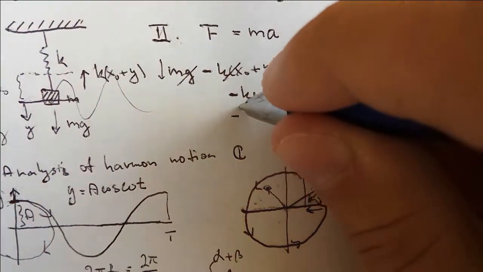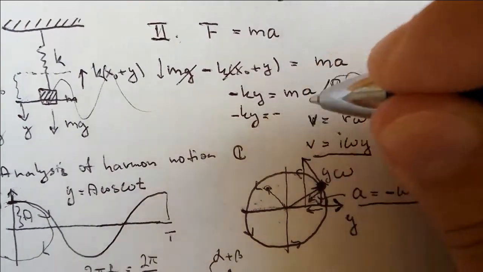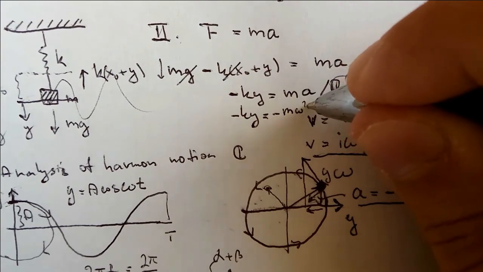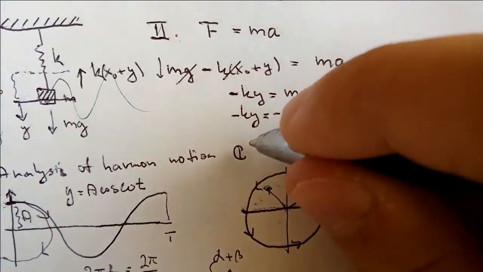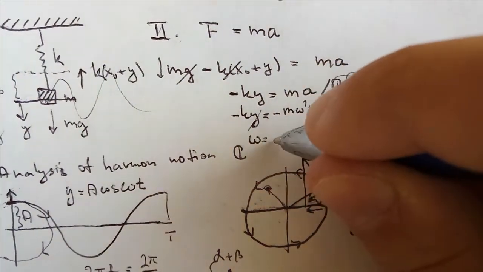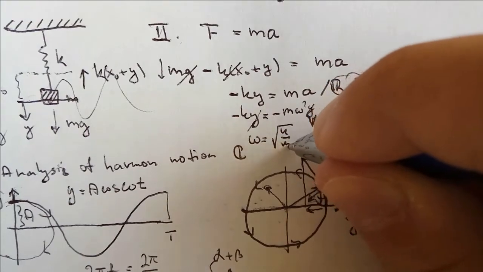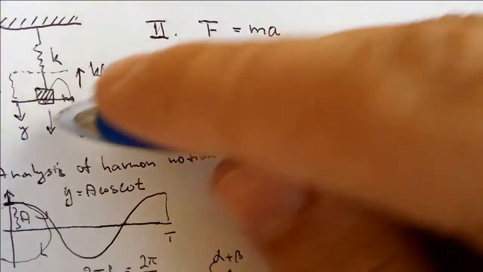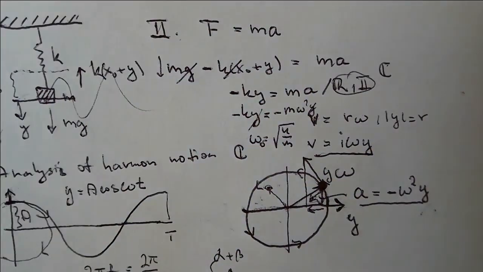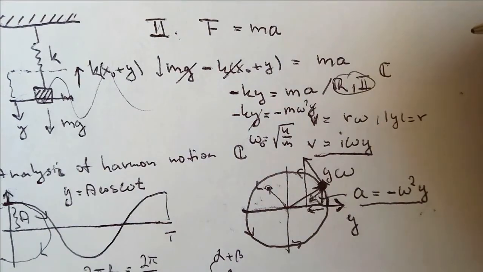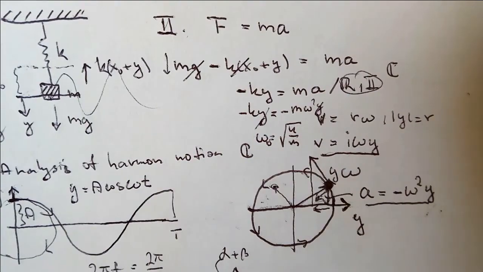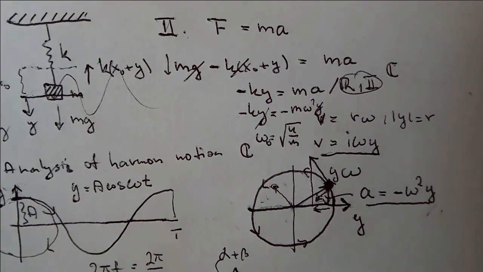So this is minus k y, and this is equal to minus m times omega squared y, and then these two cancel. So I will get that omega is equal to the square root of k divided by m, which is exactly the angular velocity of the moving spring. This I will write with subindex 0, and I will refer to that as the natural frequency of the moving spring.